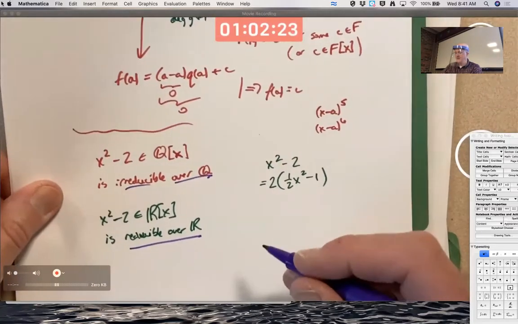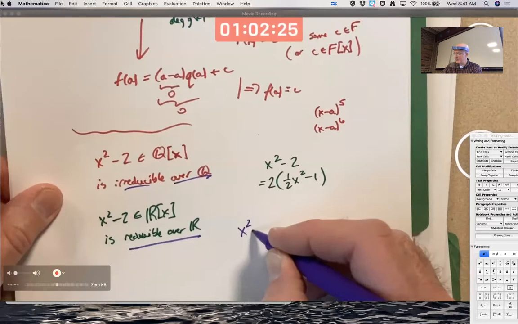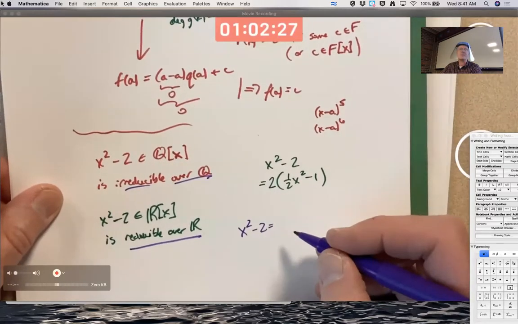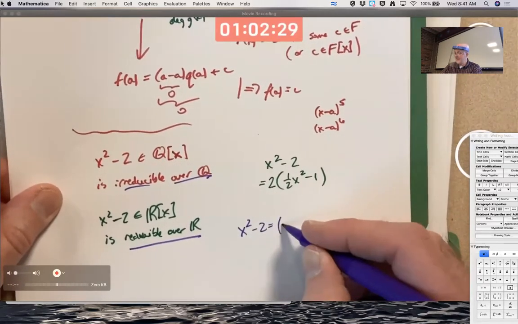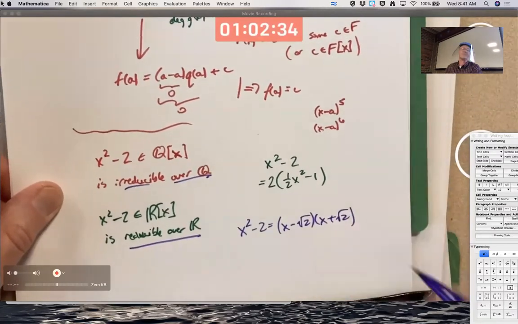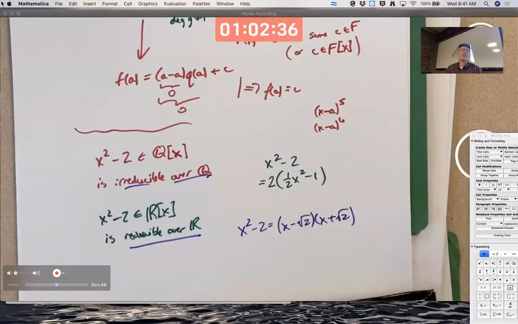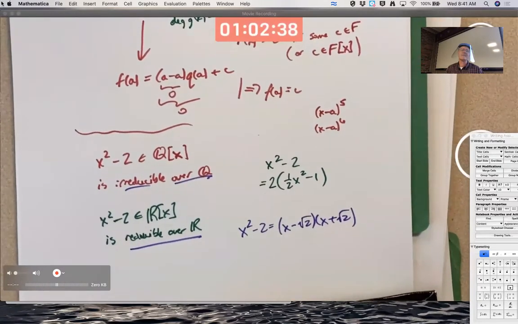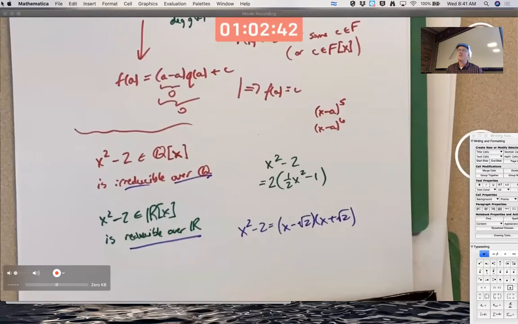R is a field. You can factor x squared minus 2 as the product of two lower degree polynomials with coefficients in R, x minus root 2 and x plus root 2. That's just a little peek of where we're heading.